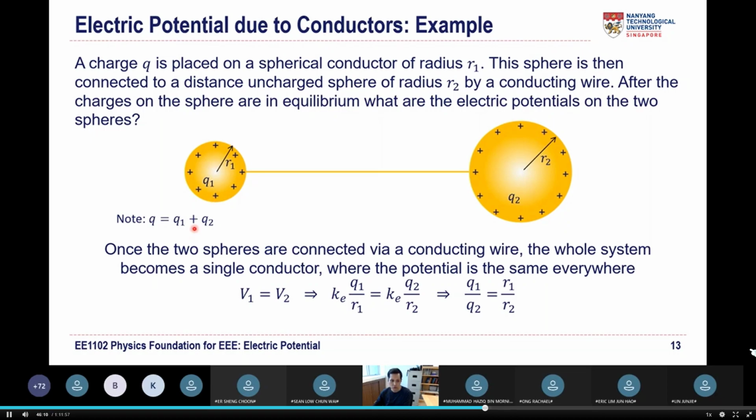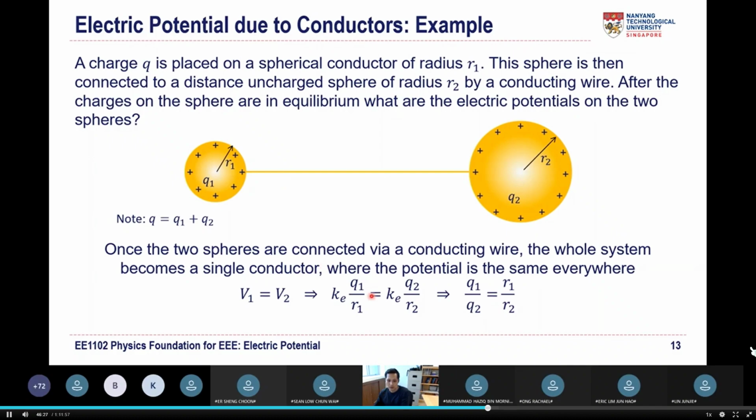And Q1 plus Q2 should, of course, equal the original charge, because the original charge is now residing either in the first sphere or the second sphere.